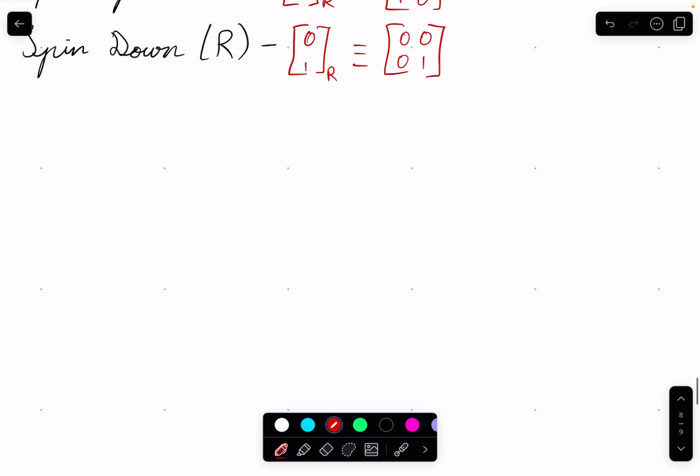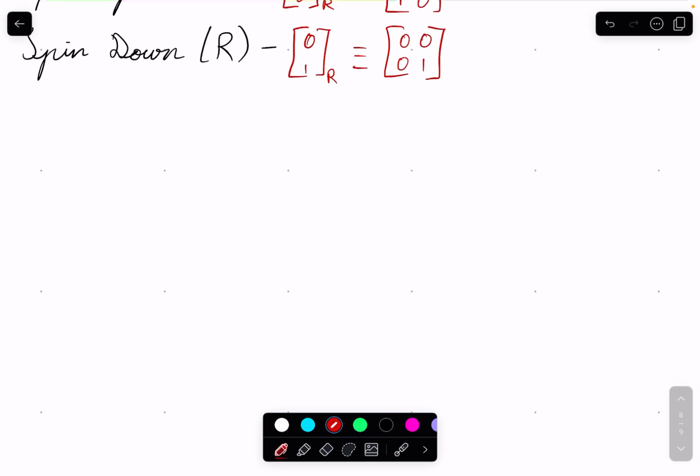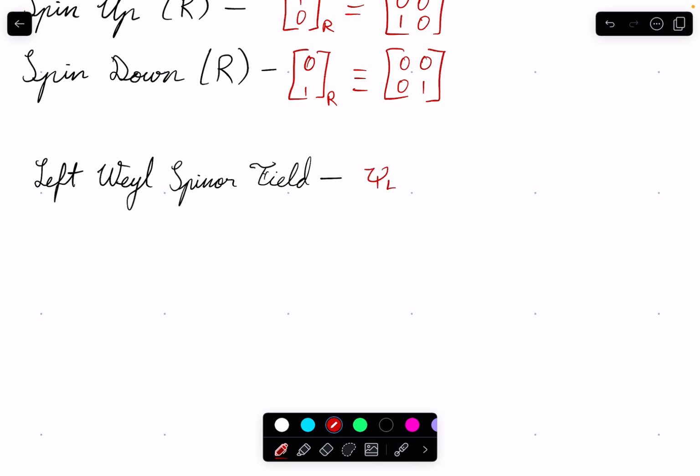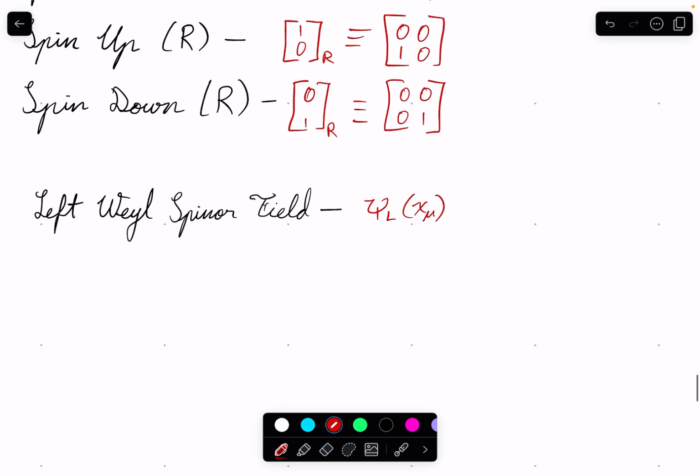So this is because in the normal quantum field theory conventions, you can have a left Weyl spinor field, which is defined by the spacetime position.